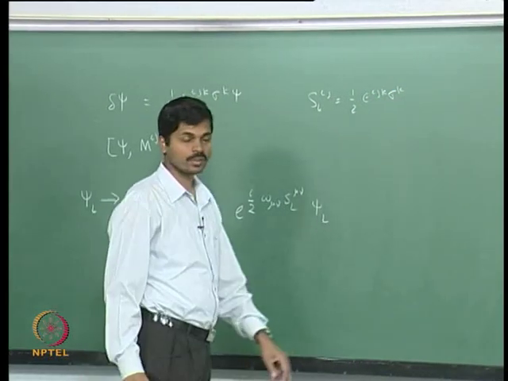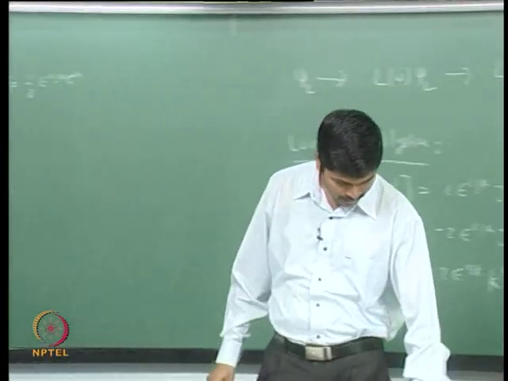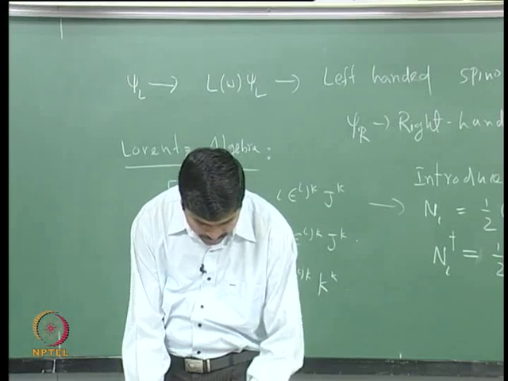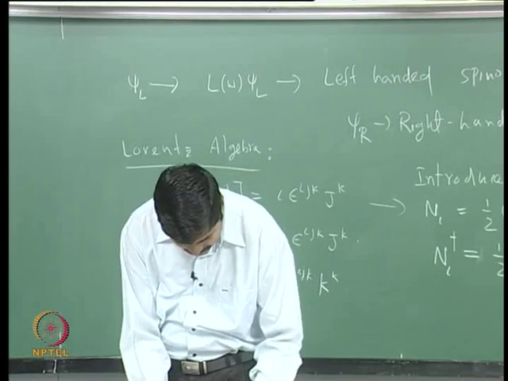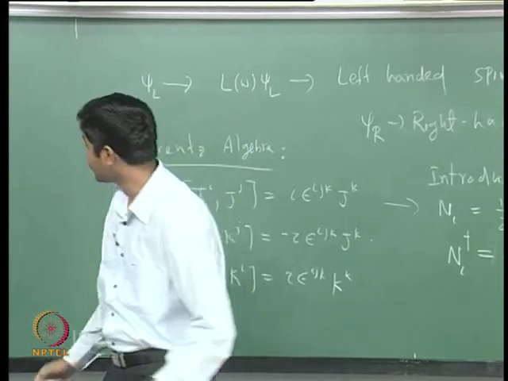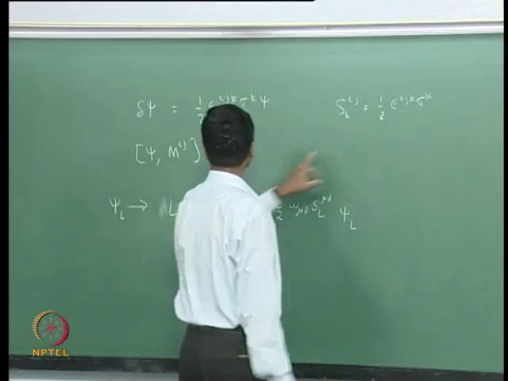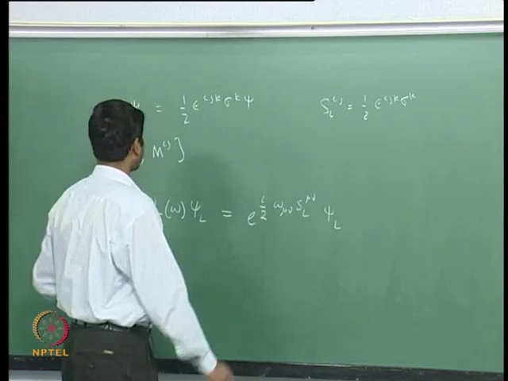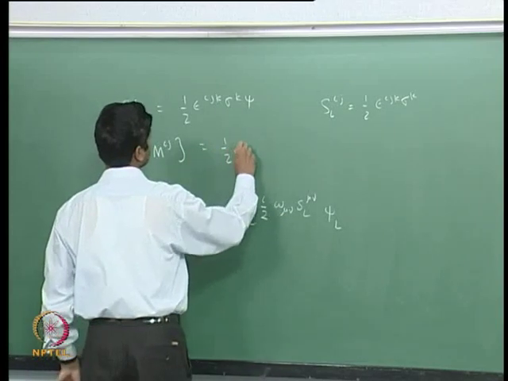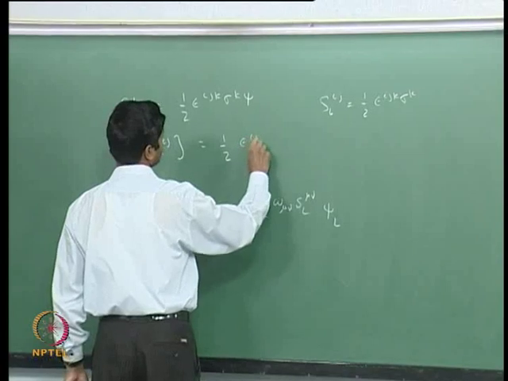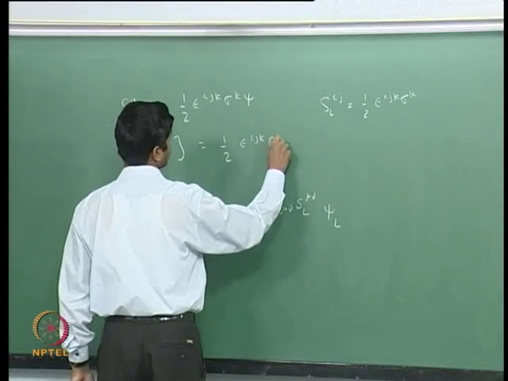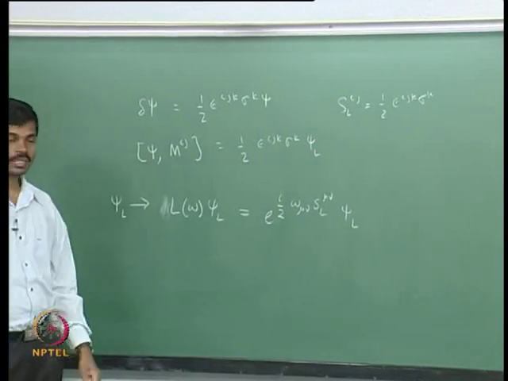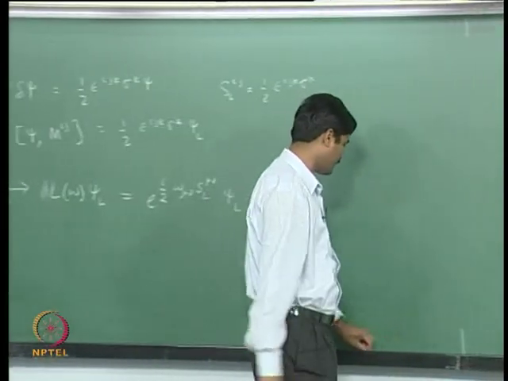This is how we have defined it. So if you look at the omega ij component of this, it's just half epsilon ijk sigma k times psi L. That's the reason it's a spin half field.